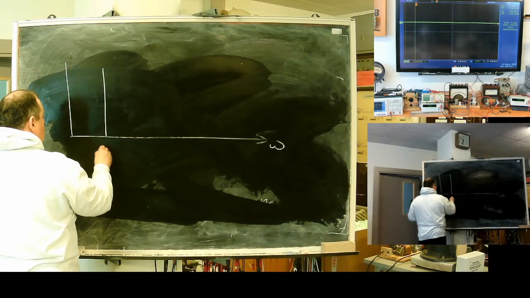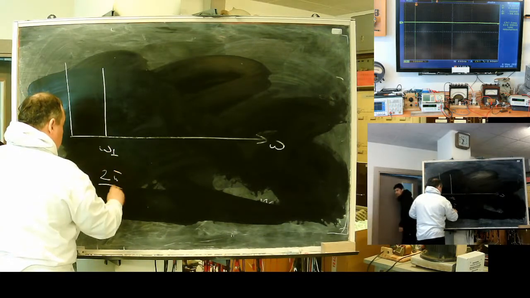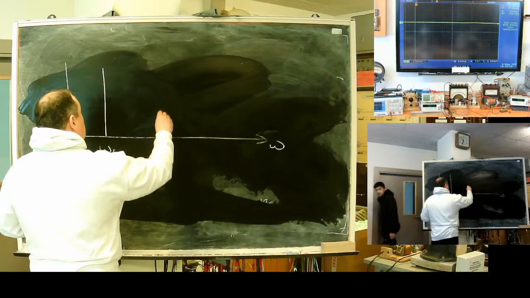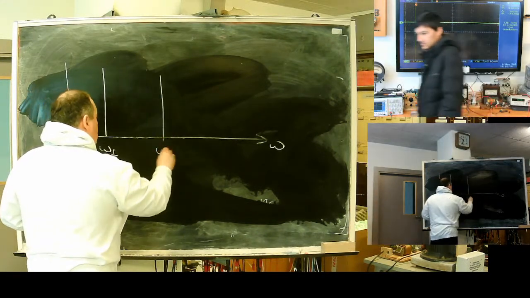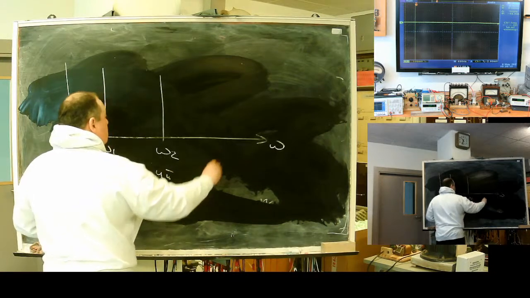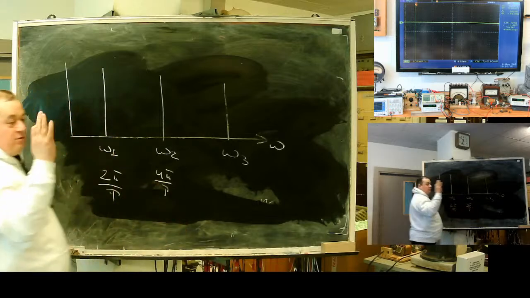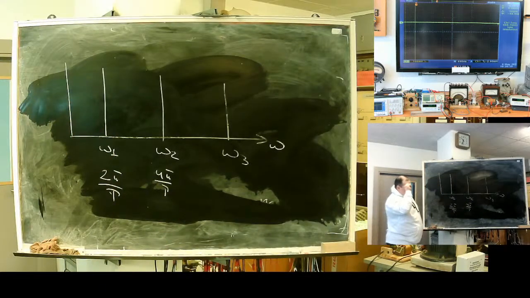This is omega 1, omega 2, omega 3 and so on. It's like a grid or mesh of discrete frequencies. Outside these frequencies, you see nothing.